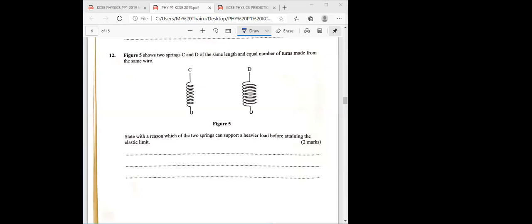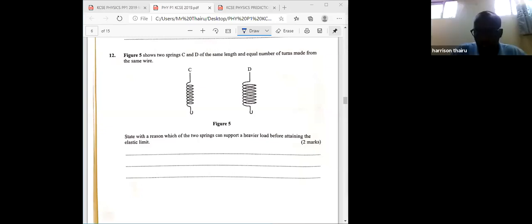Bruce Gedaiga? Between C and D, which one is going to support a heavier load? Bruce Gedaiga? Bradley Chabaga? Bradley Chabaga? Bradley Chabaga?